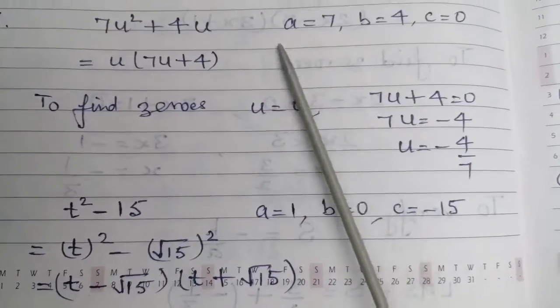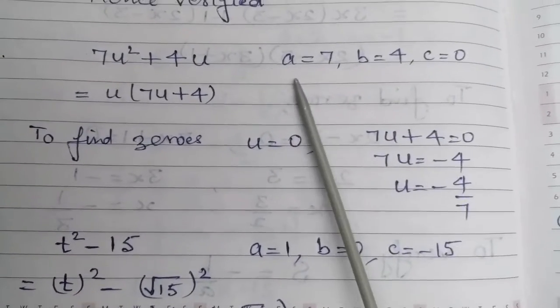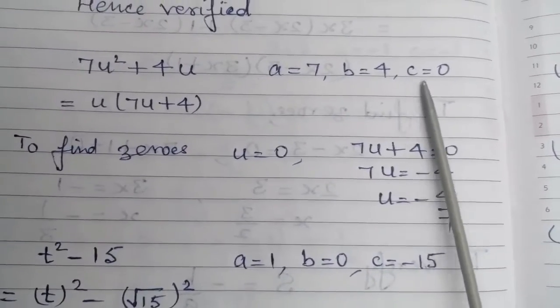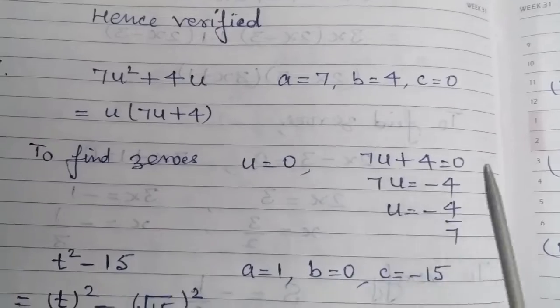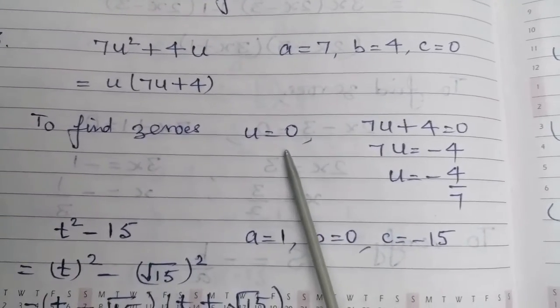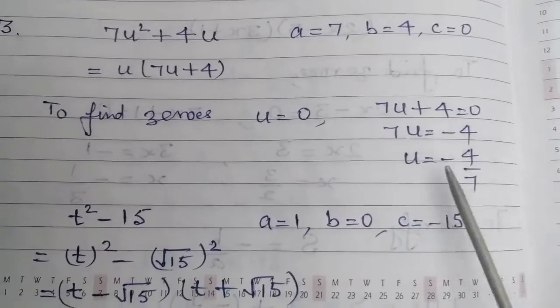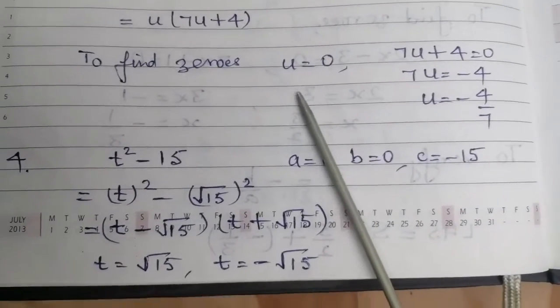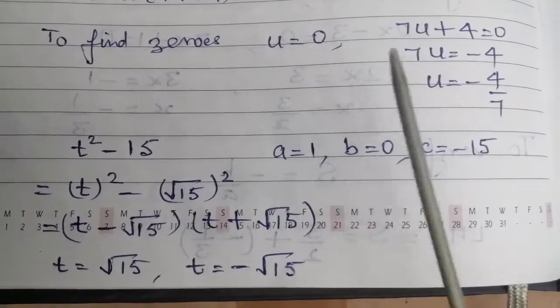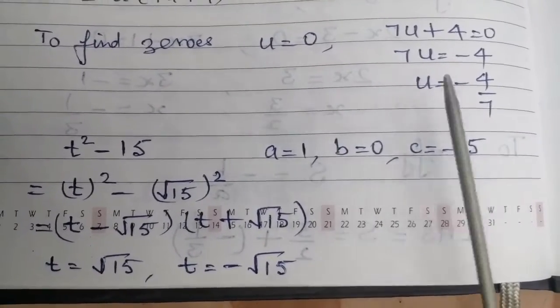Also the values of a, b and c: a is 7, b is 4, and c, no constant term is there, so c is 0. Now I have found the zeros. We can verify the relationship as we have done for the questions which I have explained, by taking S is equal to −b/a first, and second P is equal to c/a. We can prove LHS is equal to RHS for this.